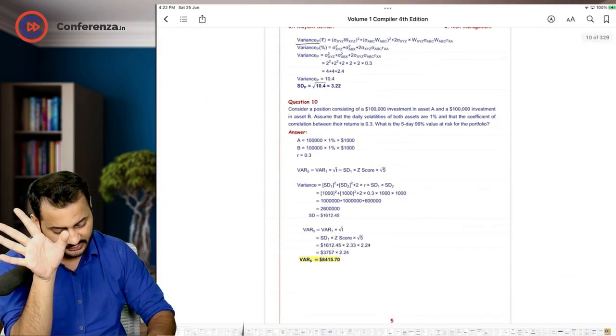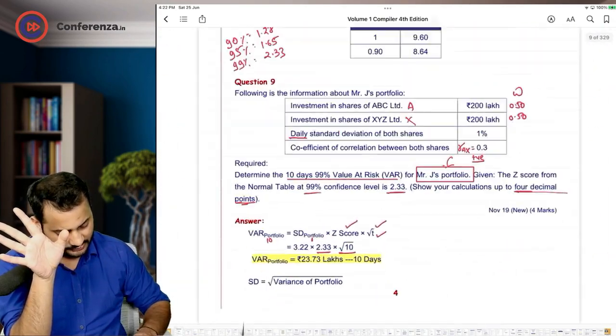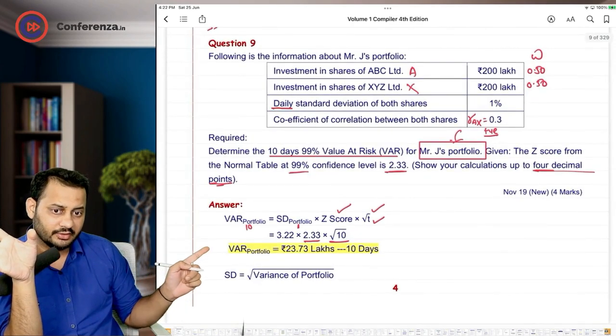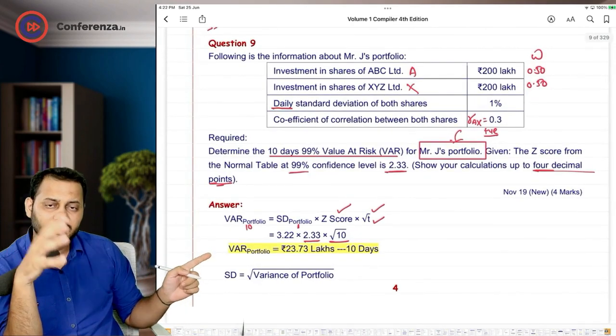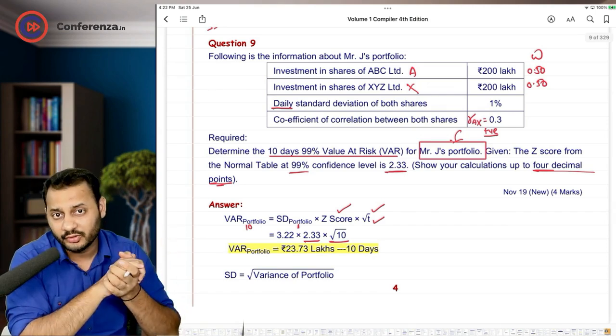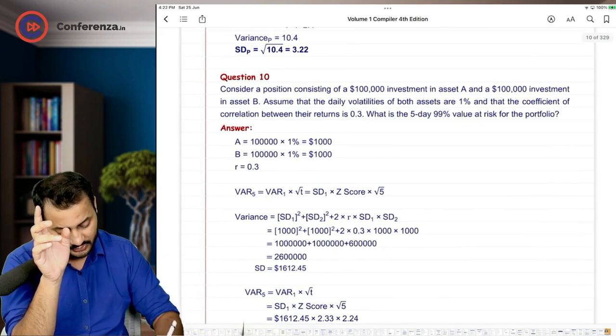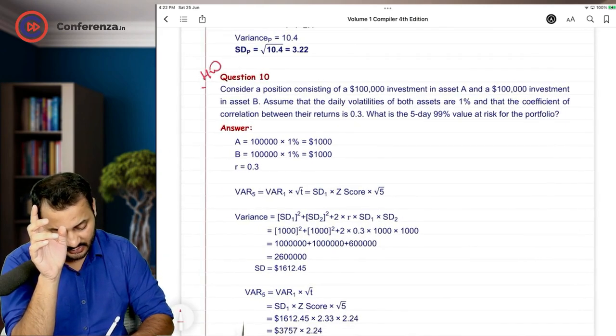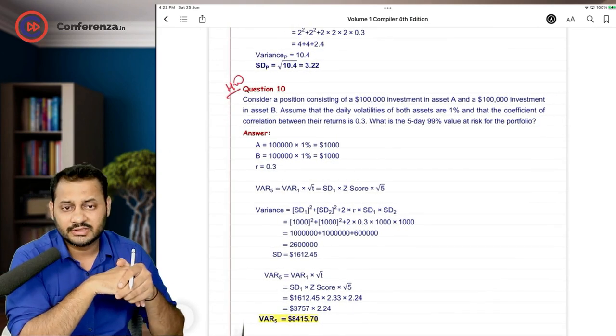Let's go ahead. This is the question. Where is your answer? 23.73 lakhs. You can clearly see it here. Are you getting it? Now you got to know how to calculate the portfolio VAR. What I want you to do is just repeat this in question number 10, because this is similar.